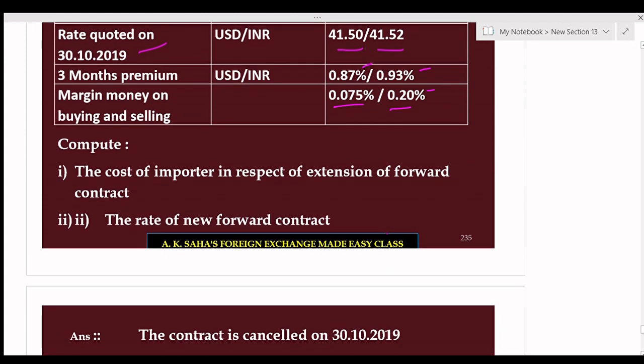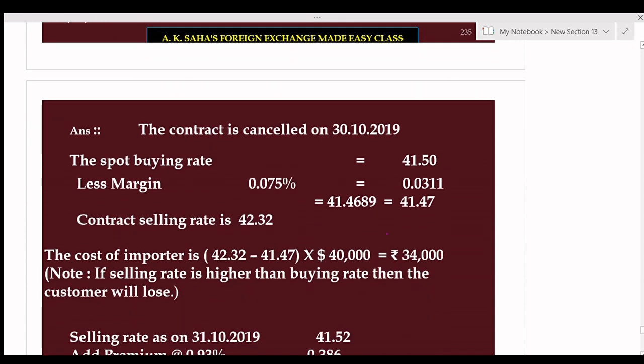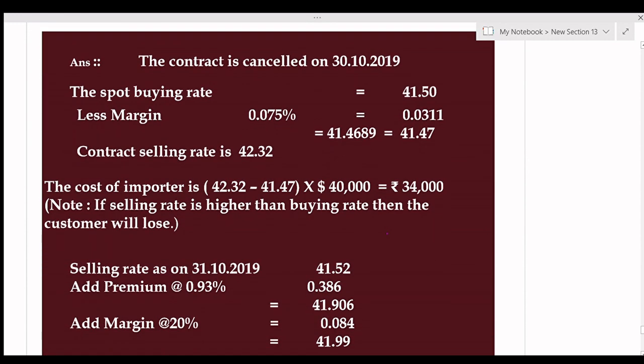We need the cost to the importer in respect of extension of the forward contract and the rate of the new forward contract. The contract is cancelled on 30th October 2019. When an importer cancels or extends the maturity date, the rule is that the bank will take the buying rate on that date. So it will calculate the buying rate on the date of maturity.